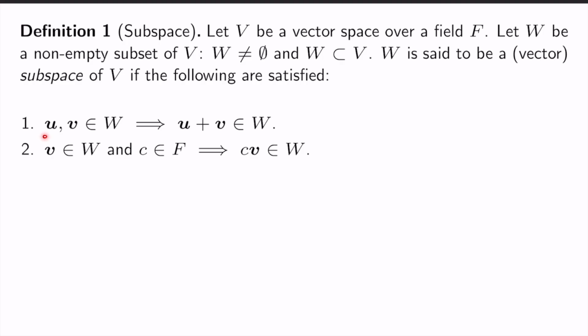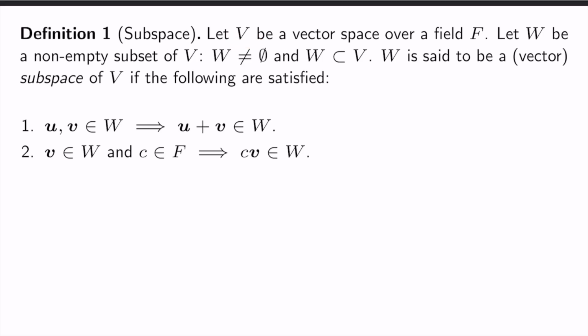First, if U and V belong to the subset W, then their sum, U plus V, also belongs to the subset W. And second, if V belongs to W and C belongs to the field F, then the scalar multiplication C times V also belongs to the subset W. Of course, this addition and this scalar multiplication are as defined in the vector space V.